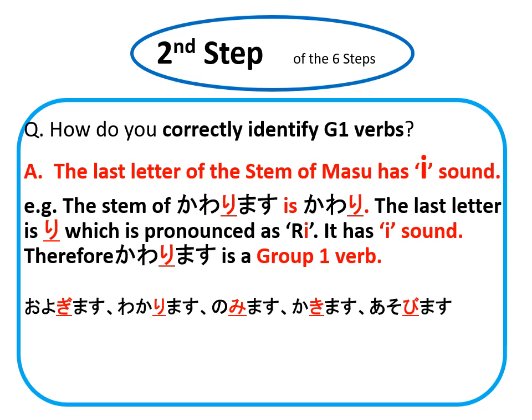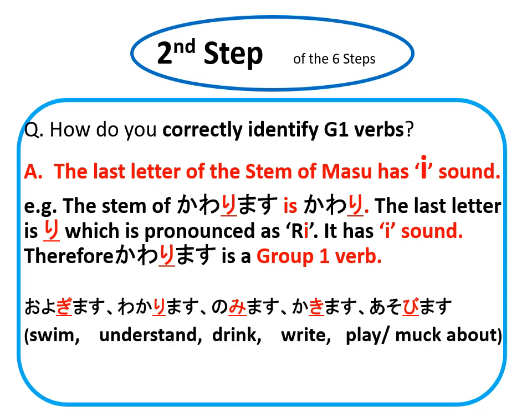Some other group 1 verbs: oyogimasu, wakarimasu, nomimasu, kakimasu, asobimasu. Do you know the meaning of these group 1 verbs? Okay. Alright.